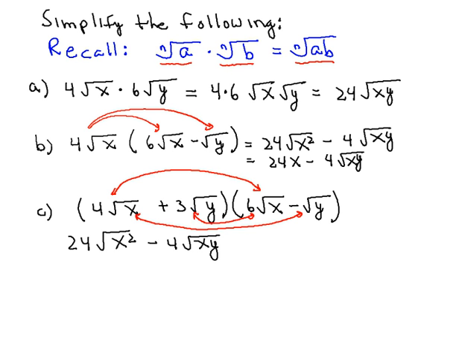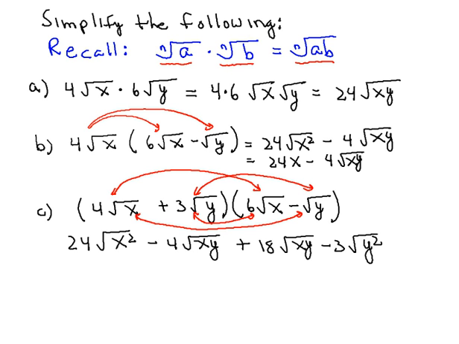So 3 times the square root of y multiplied by 6 times the square root of x will give us 18 times the square root of xy. And then to finish up, we multiply the last terms in each binomial together. That will give us minus 3 times the square root of y squared.